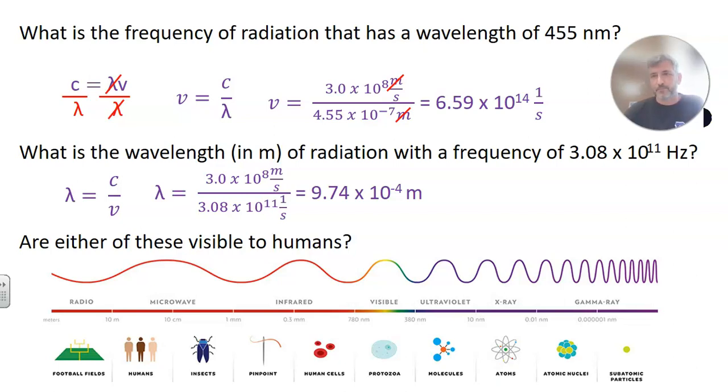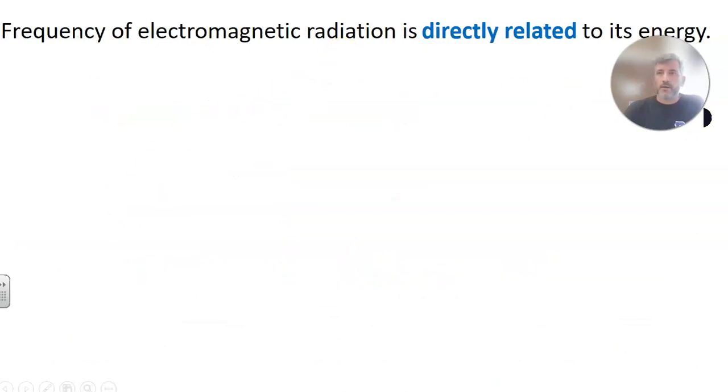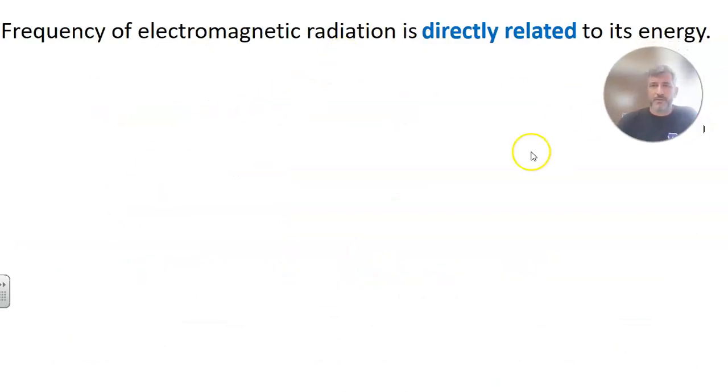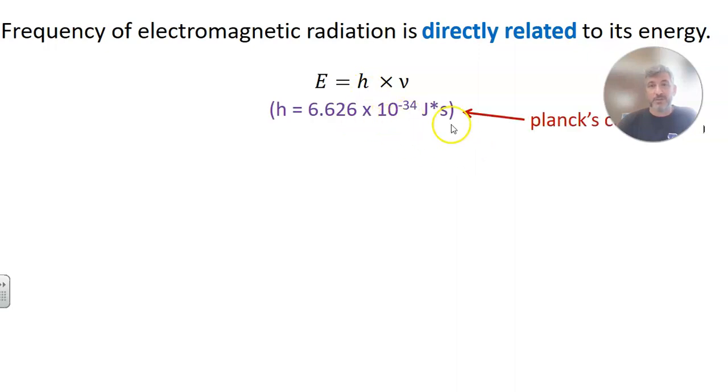Okay. We also need to talk about how this relates to energy. It turns out that the higher the frequency of light is, the higher its energy. Okay, so that's a direct relationship. And it gives us the equation E equals H times frequency. So energy equals H, which actually is a constant. It's called Planck's constant. All right.